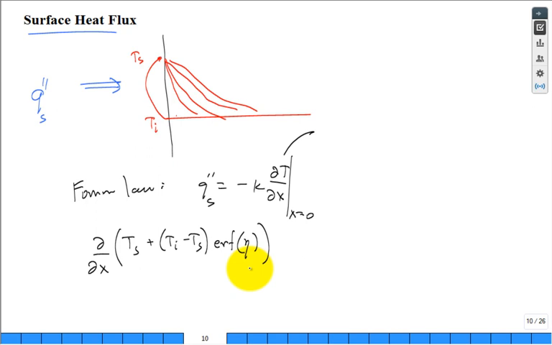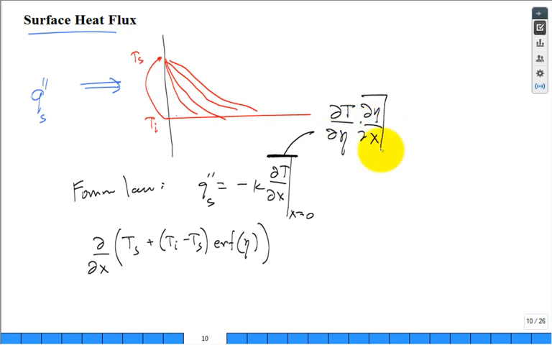Well, to get the Fourier's law, I need that derivative with respect to space. So would that be the derivative of temperature with respect to eta times the derivative of eta with respect to x from calculus chain rule? Yeah.